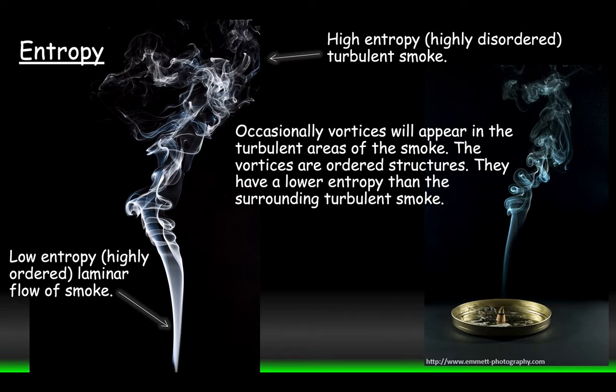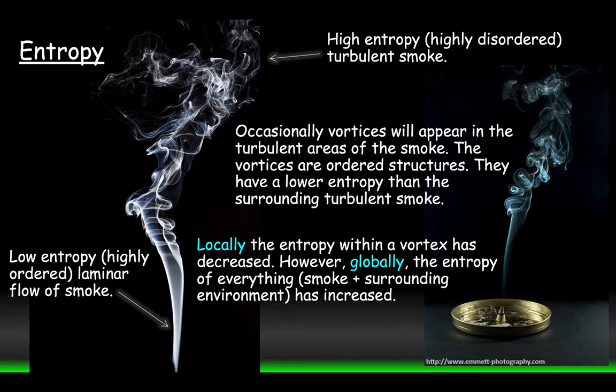They're a region where the smoke particles are all, again, moving in a fairly uniform pattern in a very similar ordered manner. So occasionally we might see a highly ordered motion of these smoke particles spontaneously appear from a highly disordered state of the motion of smoke particles.